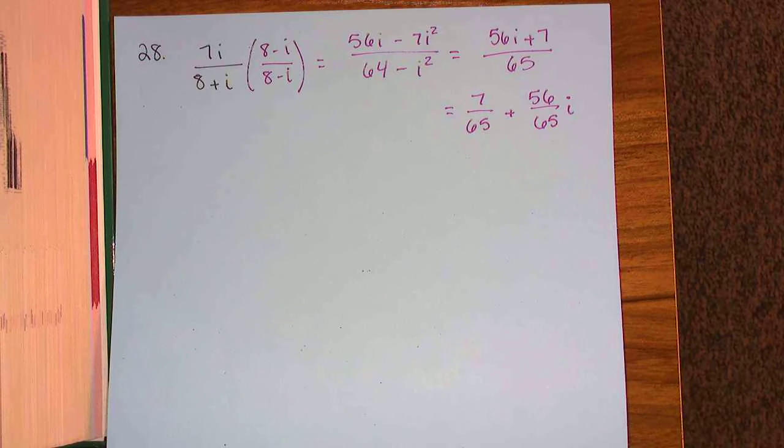Nope, because I just said it has to be written as two separate pieces. You have to have the real part and the imaginary part for it to be in standard form.